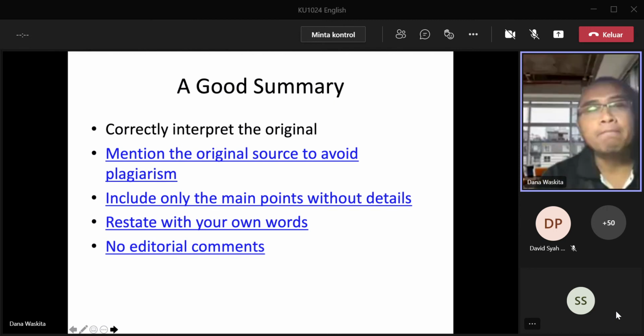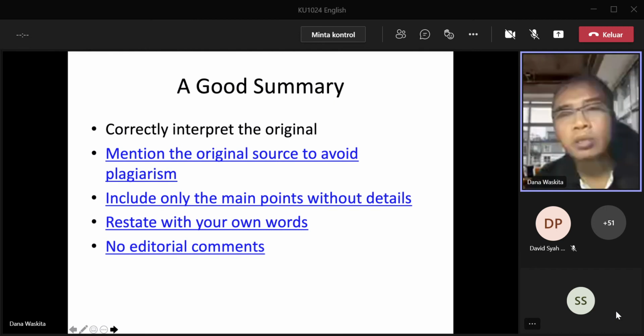Yeah, and the first, you need to correctly interpret the original, which is quite clear, I think, when we have already learned how to find the main idea of each paragraph. Yeah, in mentioning the original source, we have a formula. Yeah, how to mention the source. First of all, maybe you need to write the source itself.